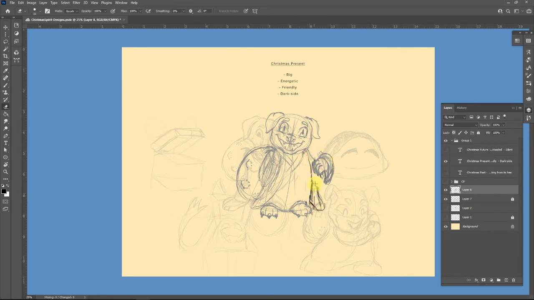Okay, so what I learned about the Ghost of Christmas Present, the most consistent thing was that he was big, energetic, and friendly. Is that a box? But he also had a dark side, and yes, that is a box. With a bow on it? So my first idea for the Ghost of Christmas Present was a present. What the crap? A girl present?